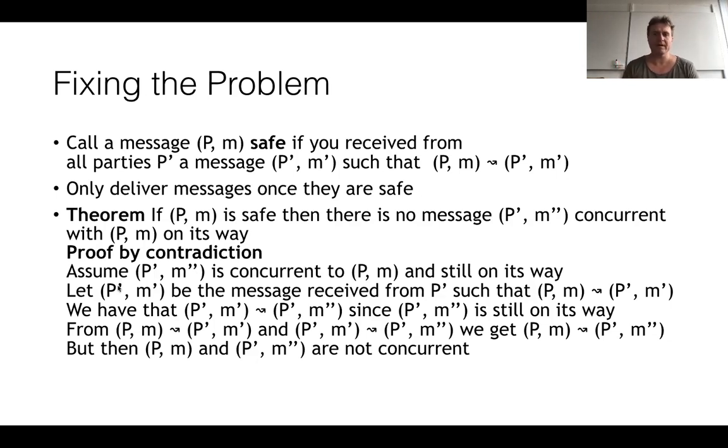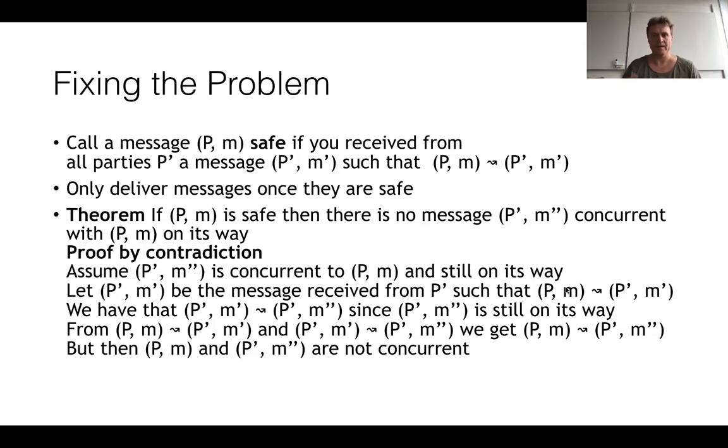Remember that my message M is safe, which means that from all parties I received something that's in the causal future of my safe message M. So I also received that from P prime. Let's call that M prime. Let (P prime, M prime) be the message that I have received from P prime such that it is in the causal future of my safe message.